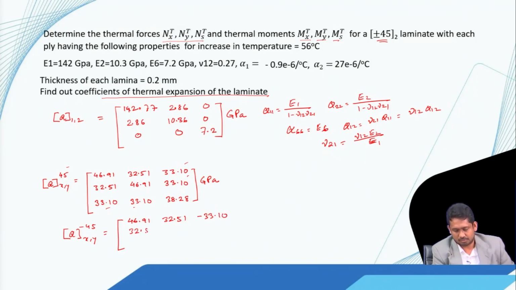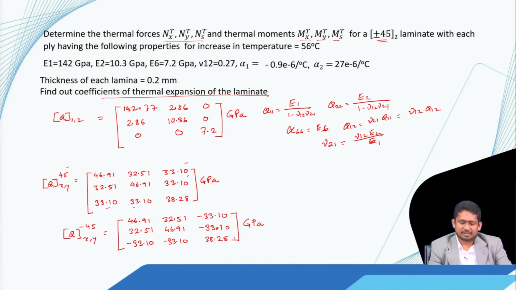Here we would have 32.51, 46.91, minus 33.10, minus 33.10, and here we would have 38.28 GPa.